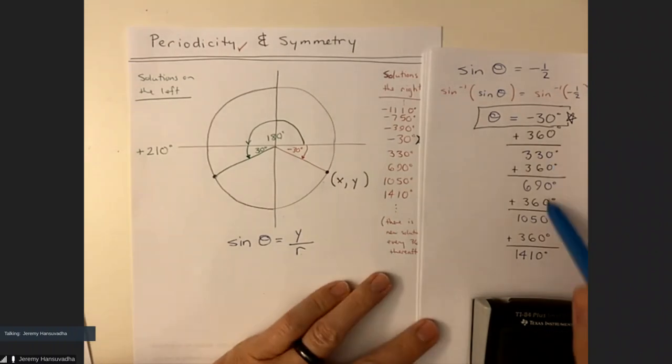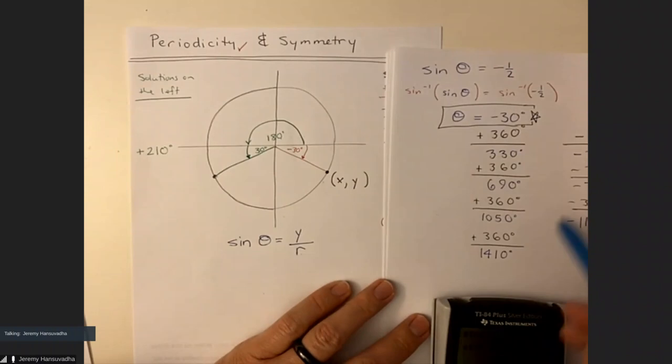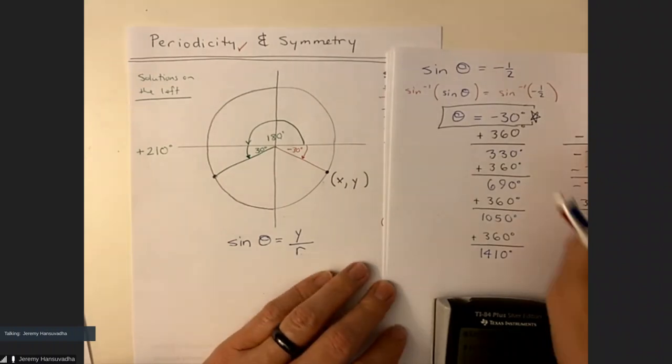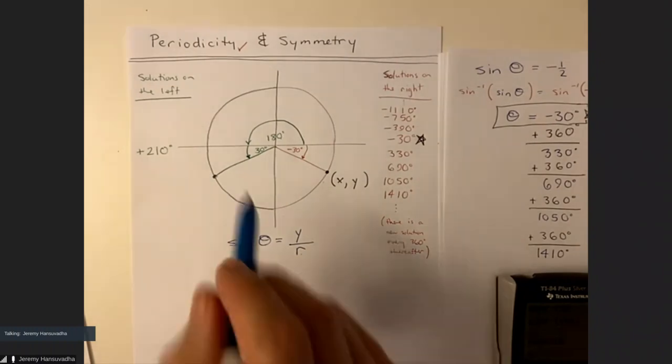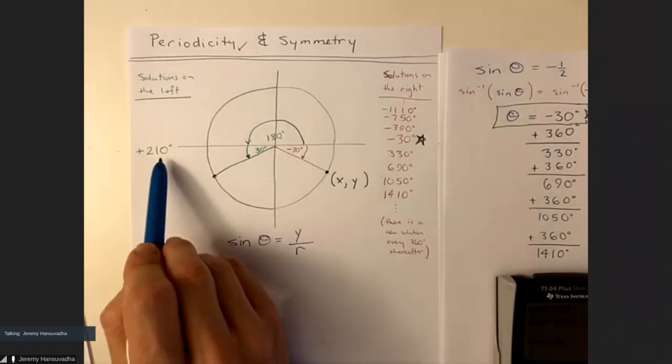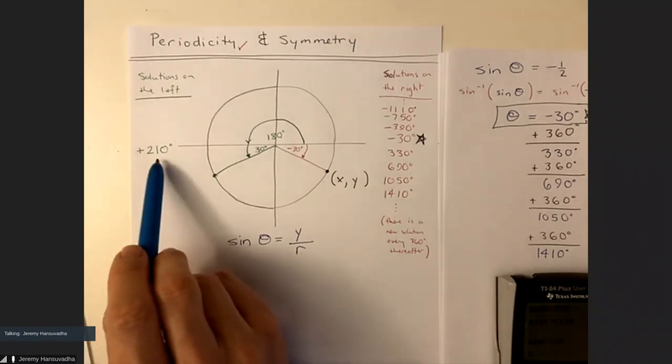We use periodicity by adding 360 degrees to find all those solutions. We also use periodicity and subtract 360 degrees to find other solutions. When we use symmetry, it gives us this solution, 210 degrees. And then once we have that, we can use periodicity with that 210 degrees to find others.